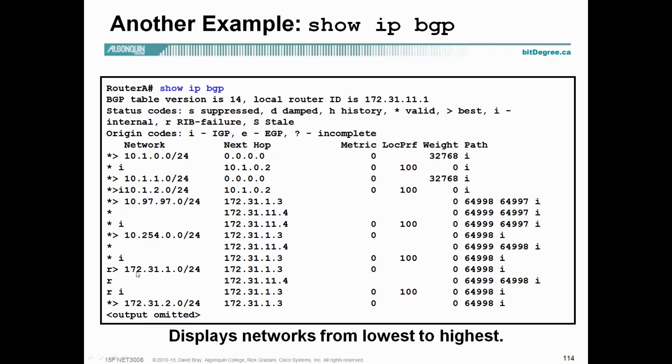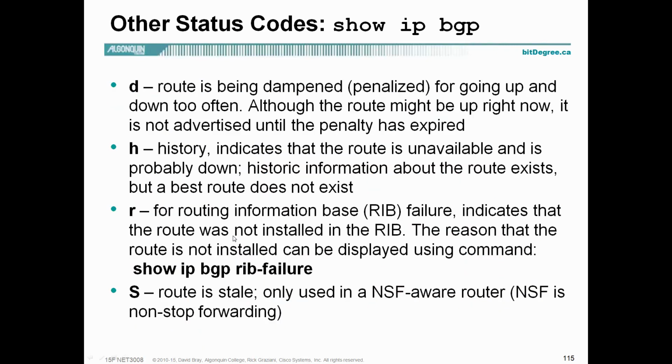So 172 is native /16, it's a class B, it's a subnet as well, and that's why they're shown. So in this example anyway, some other multiple paths and some different codes. So let's have a look at that. Actually let me go back and I'll discuss these codes and then I will go back and you can have another look at them.